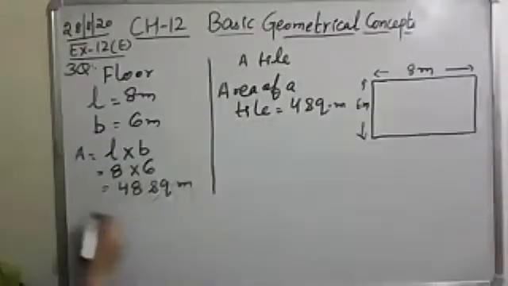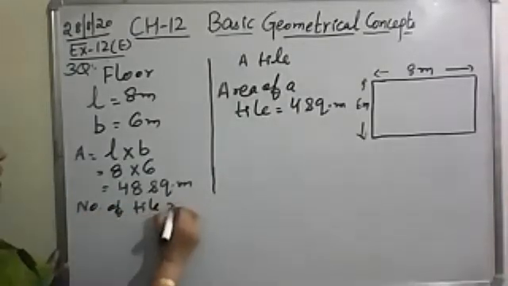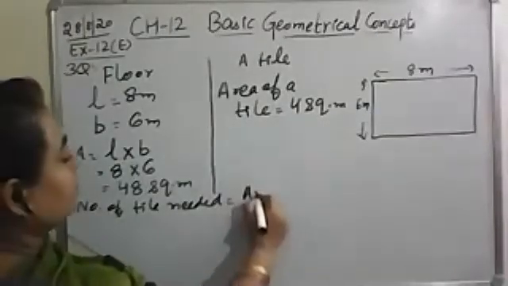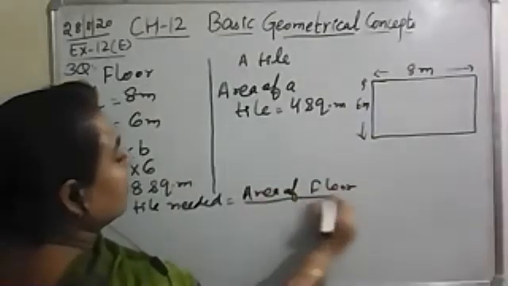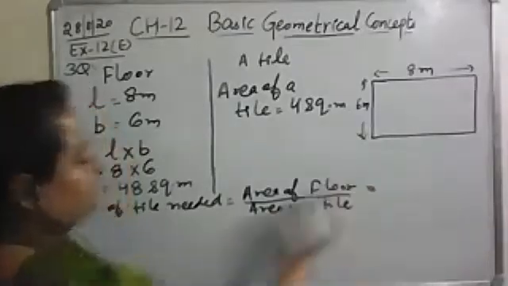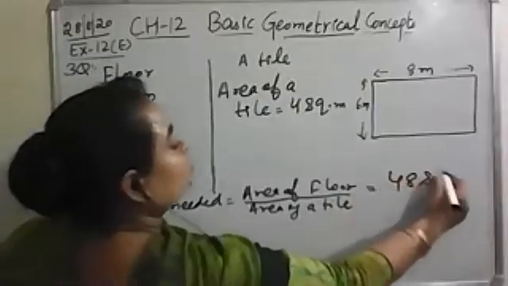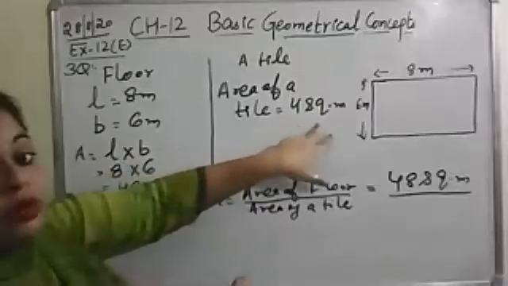Now area of tile. In the next step you will write number of tiles needed is equal to area of floor divided by area of a tile. Now what is the area of floor? The area of floor is 48 square meter, and the area of the tile is 4 square meter.